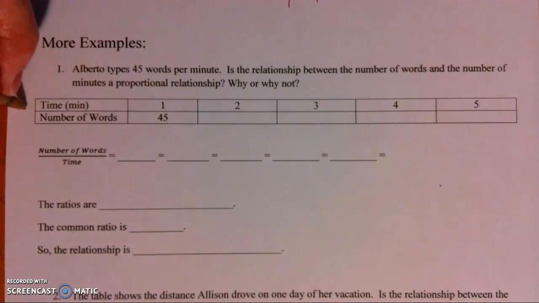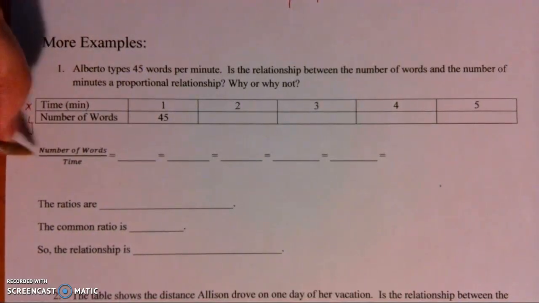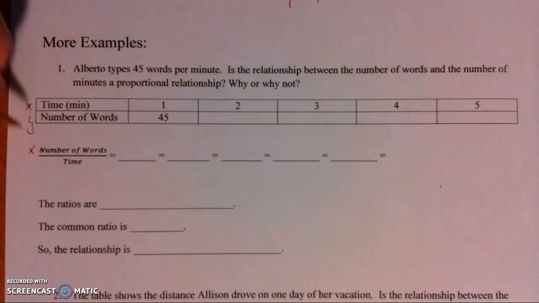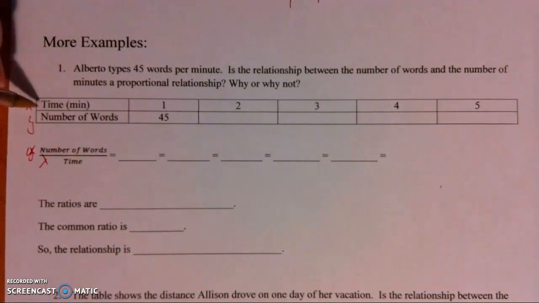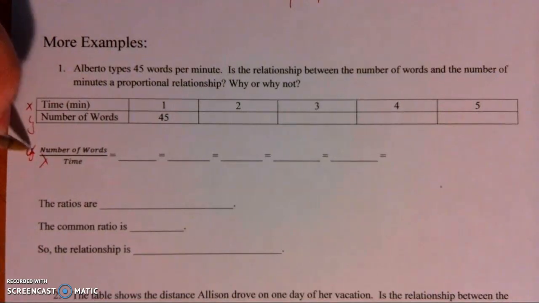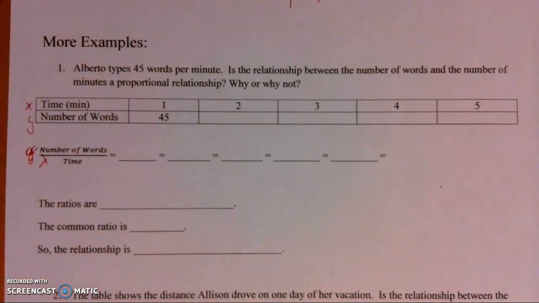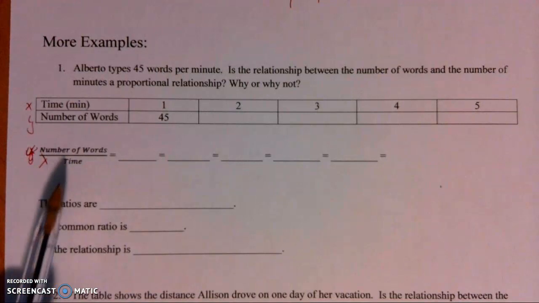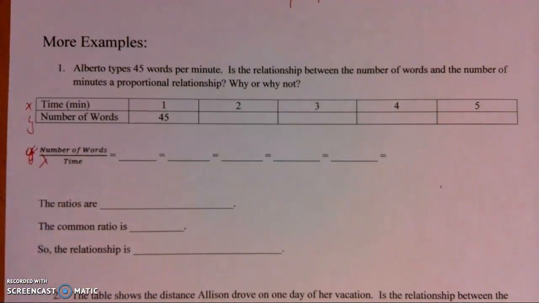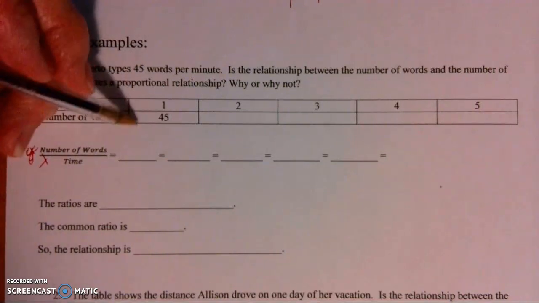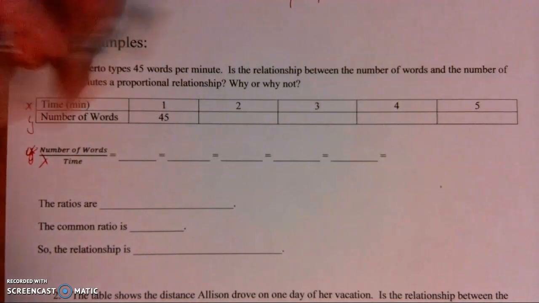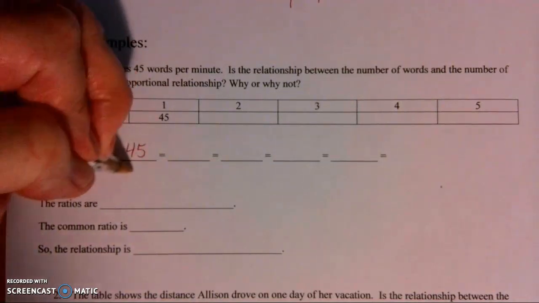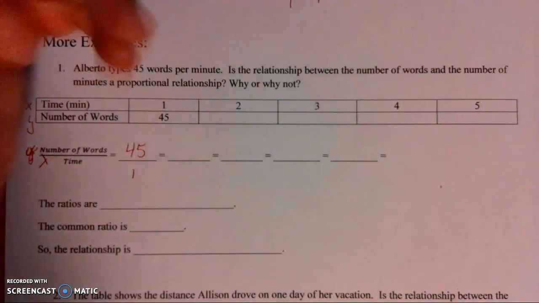Now, what I want you to do is just put an X and a Y. So time is X, number of words is Y, and then rewrite it in that fraction as well. So when I write out my unit rate, because that's all this is actually going to be, is just finding unit rate, I'm going to put 45 over 1.